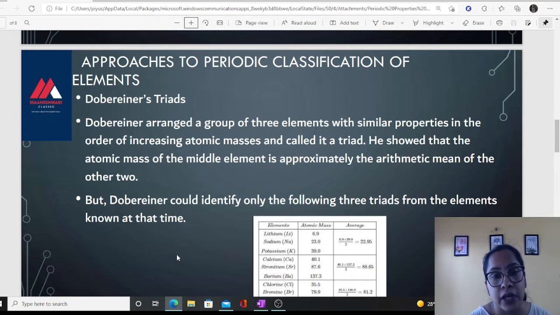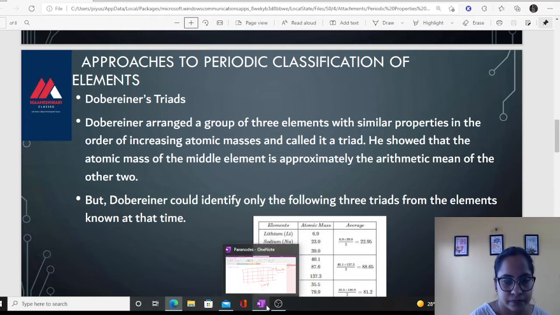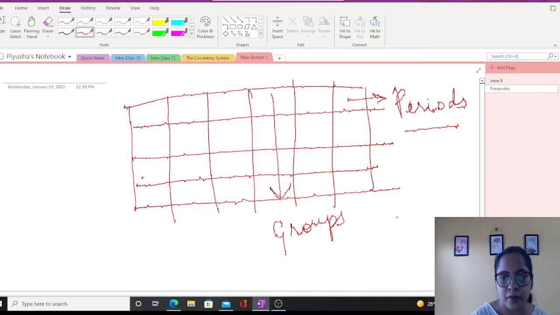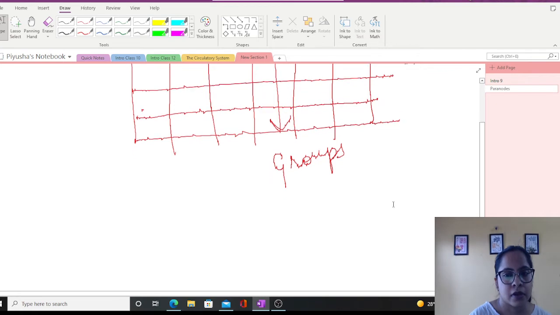और उन्होंने क्या बोला कि जो अटोमिक मास था मिडिल एलिमेंट का, लेट्स से देयर आर 3 एलिमेंट्स A, B और C, जो मिडिल एलिमेंट है B, उसका अटोमिक मास किसका अरिथमेटिक मीन होगा? अटोमिक मासेस ऑफ A एंड C. I will just explain it to you over here.